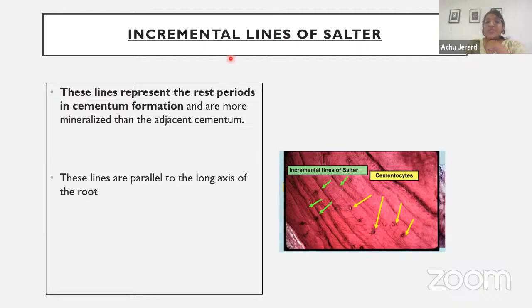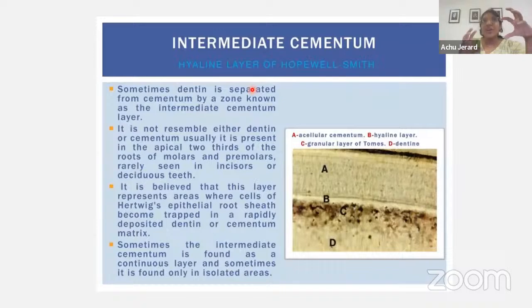How I remember is this: incremental has the word "rest" in it. That "re" is a little more pronounced, no? So that's how I remember it. Incremental lines of Salter go with the rest periods. Whereas the intermediate cementum is a less radiodense or diffuse layer between the cementum and the dentin.